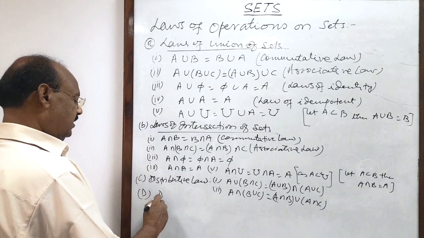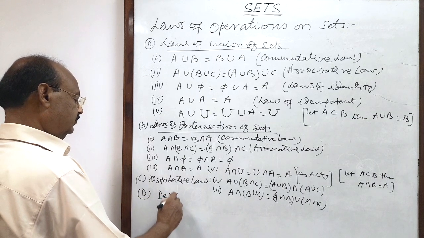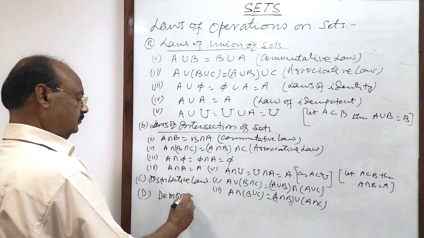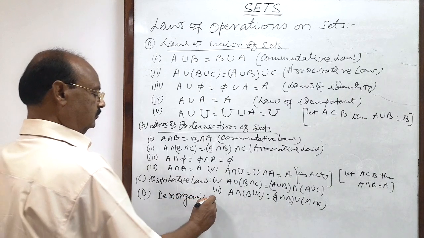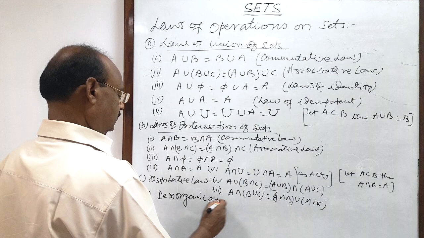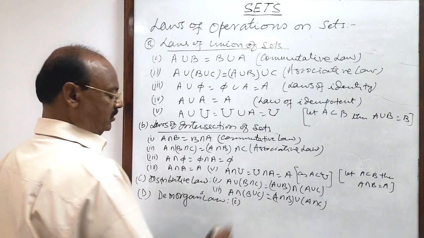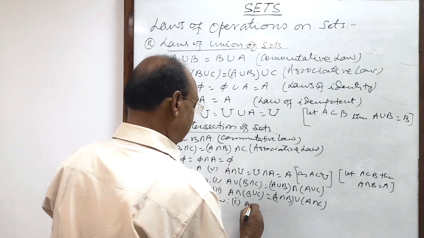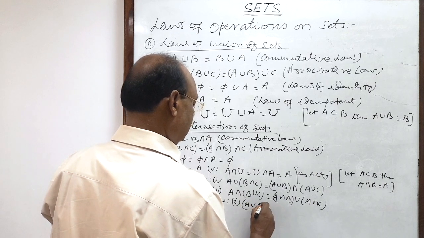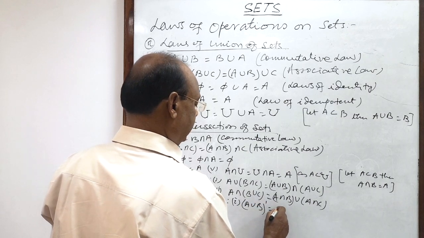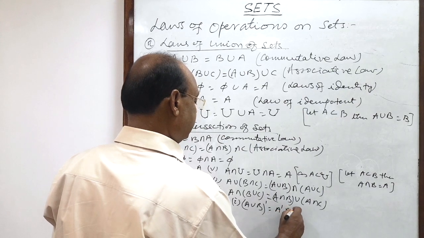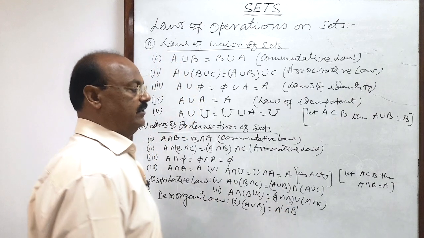And finally, last, which is known as De Morgan's law. Here we'll have two laws. First is A union B whole complement is equal to A complement intersection B complement.